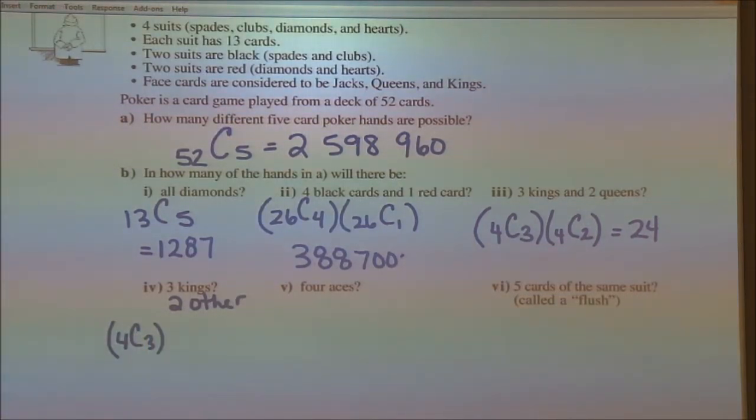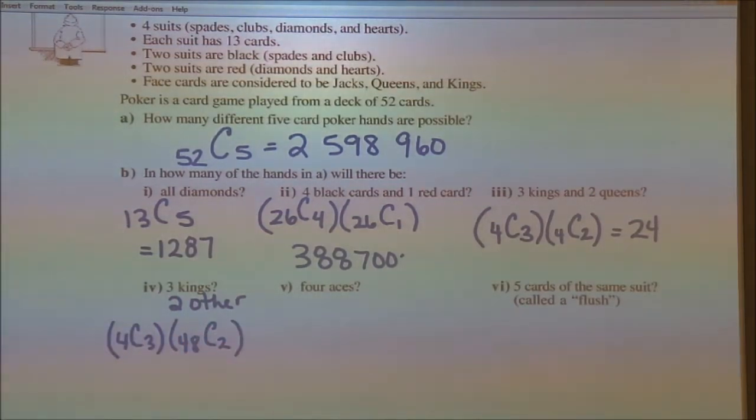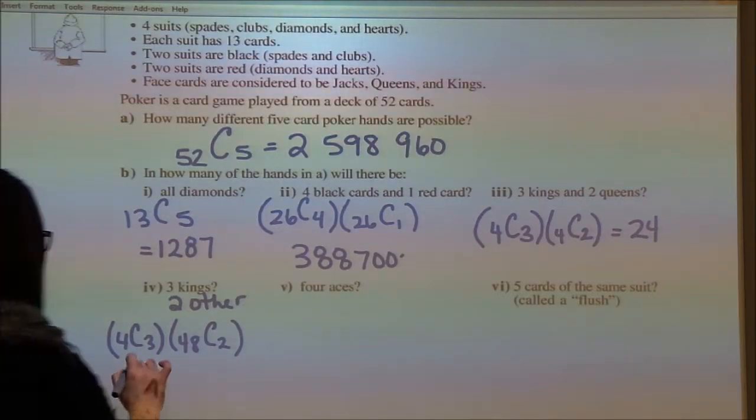And what about the 2 other ones? 48C2. That is correct.